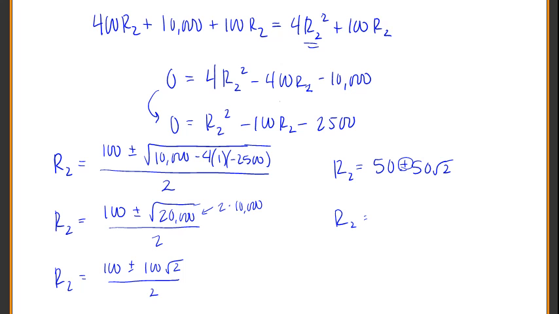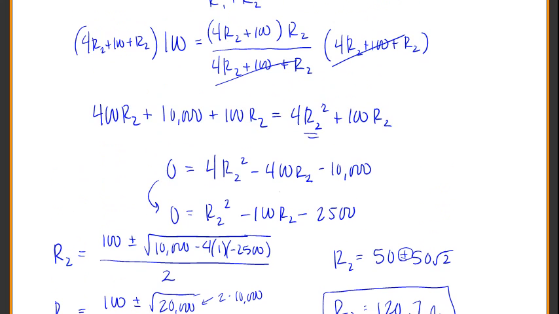So 50 plus 50 square roots of 2 is roughly 120.7 ohms. Okay, so that's what R2 can equal. And from there, it wanted us also to find R1. Well, the easiest way to find R1, let's come back up here just for a second.